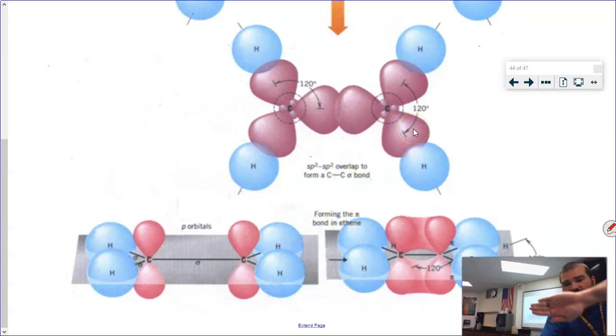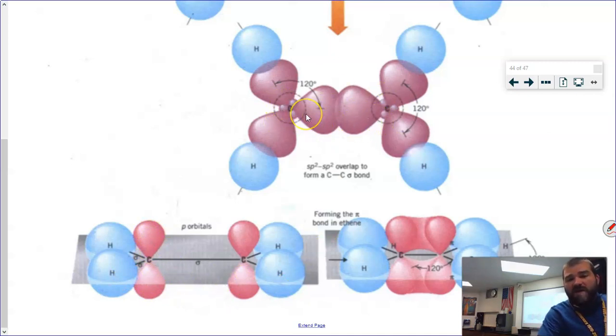They've taken this, which is now like flat, okay, if you can see my little video in the corner, and they've taken it and gone like this. They've flipped it on its side. We still have p orbitals on each of these carbons. The p orbitals would be pointing perpendicular to the hybrid orbitals.